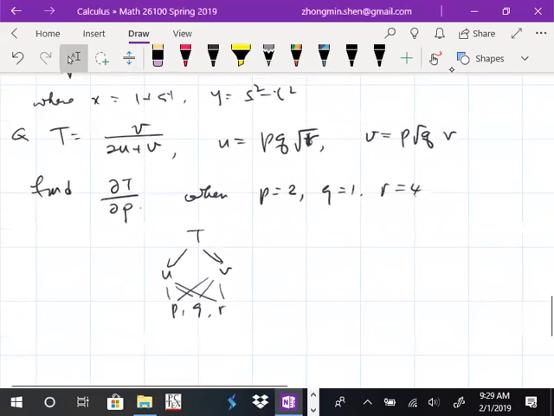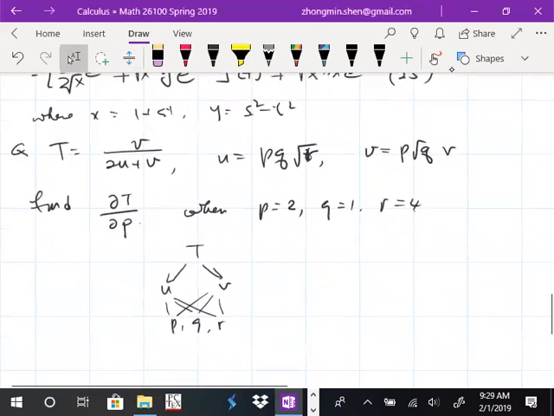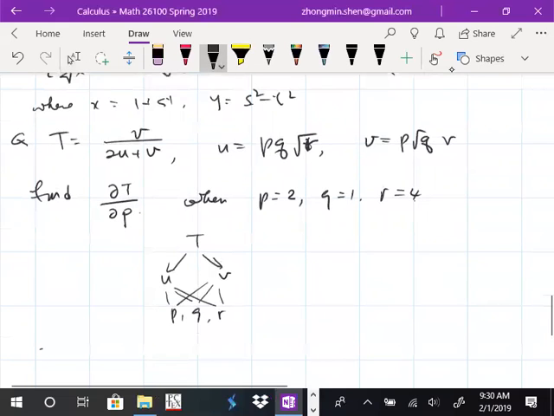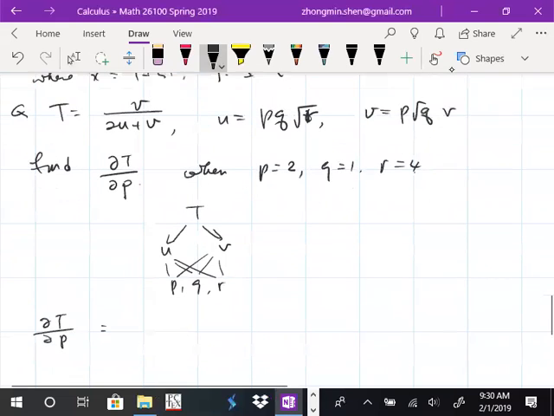Okay, so you can substitute the expression for u and the expression for v into the formula. Then you get a formula for t in terms of p, q, r, but that's a very complicated expression. So I prefer to use the chain rule to find the derivative.